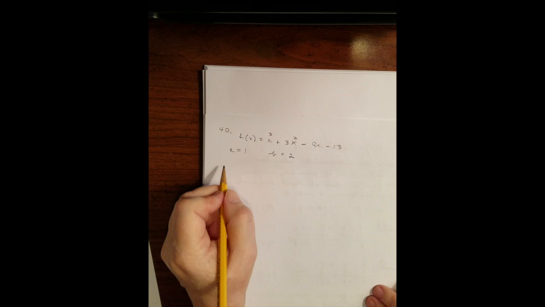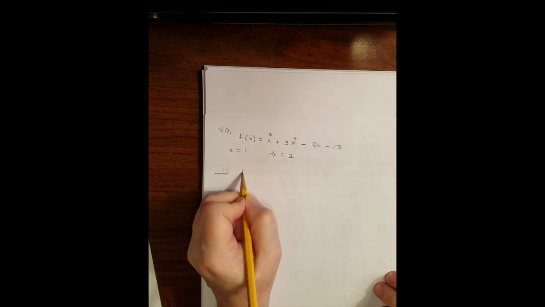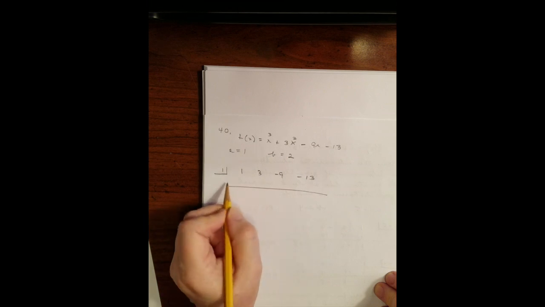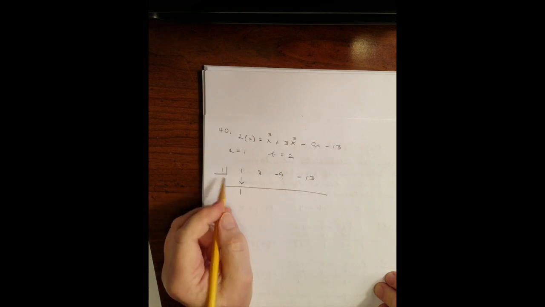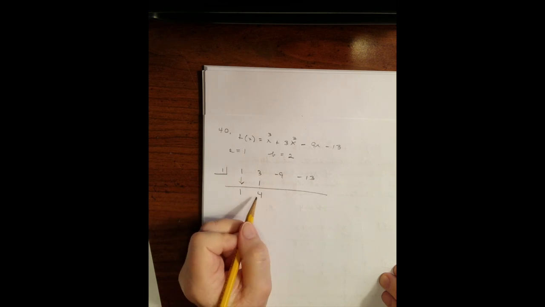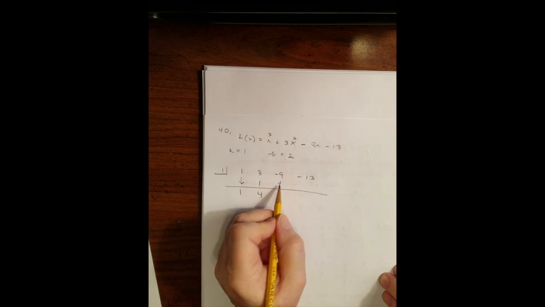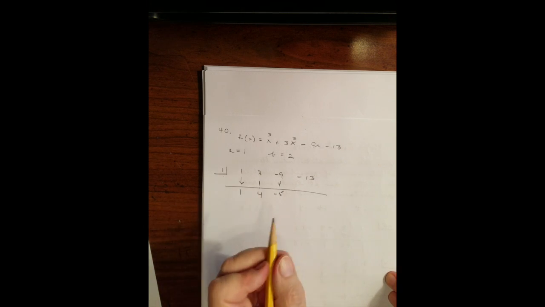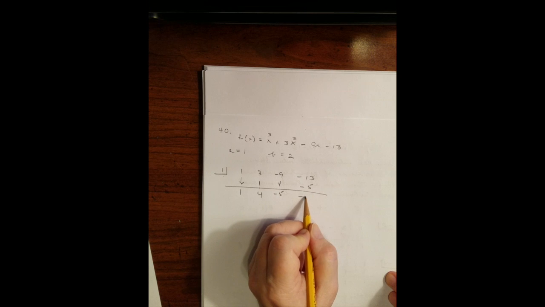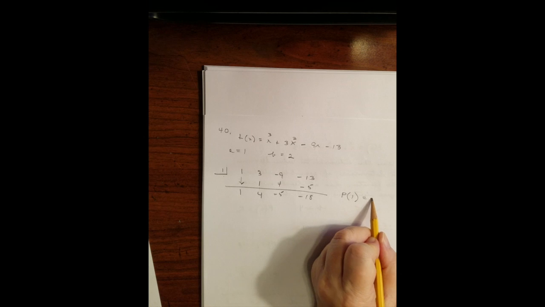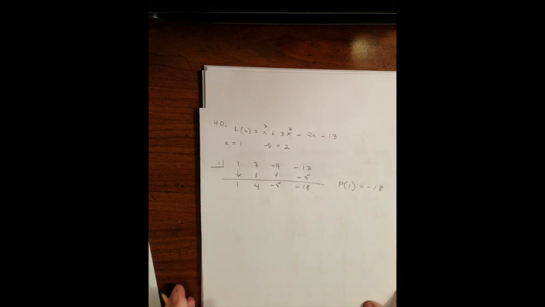So we'll divide by 1. 1, 3, negative 9, negative 13. So bring down the 1. 1 times 1 is 1. Add, we get 4. 4 times 1 is 4. Add, we get negative 5. Negative 5 times 1 is negative 5. Add, we get negative 18. So P of 1 equals negative 18.